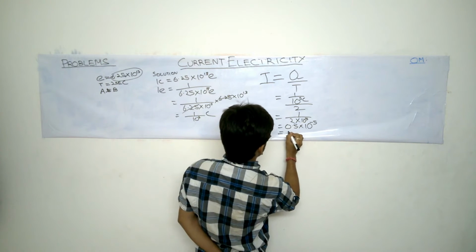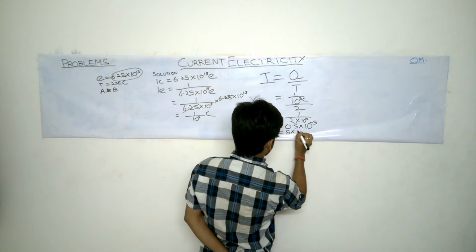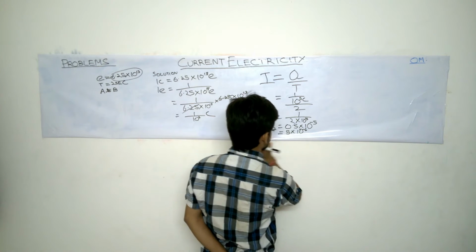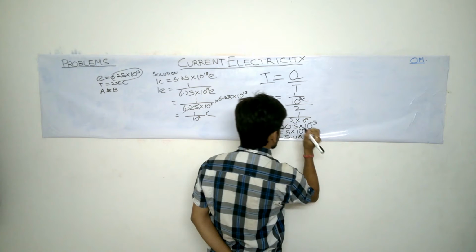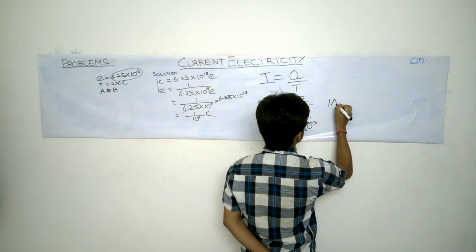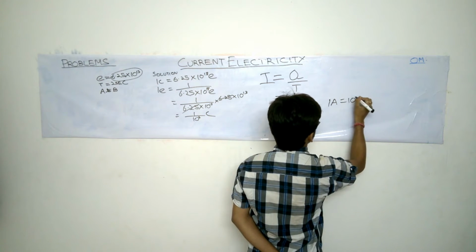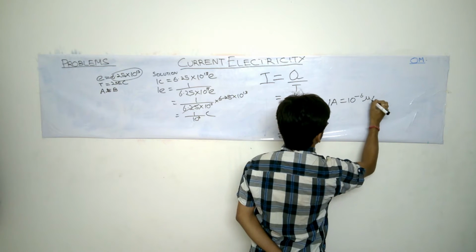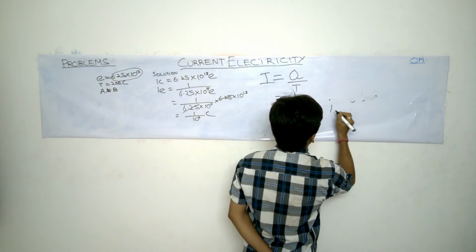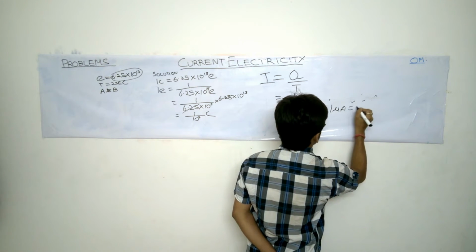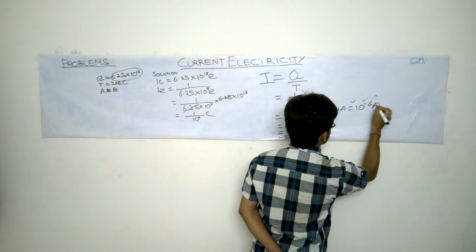So we can also write this as 5 into 10 to the power minus 6, or 5 microampere. As we know the relation, 1 microampere is equal to 10 to the power minus 6 ampere. So this was the relation.